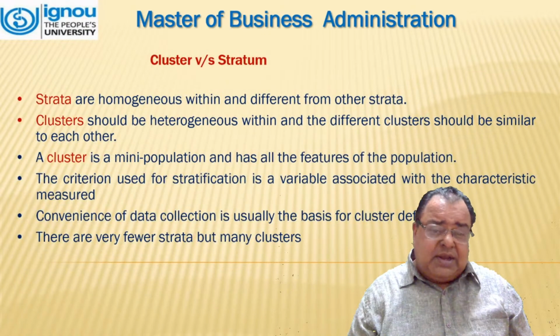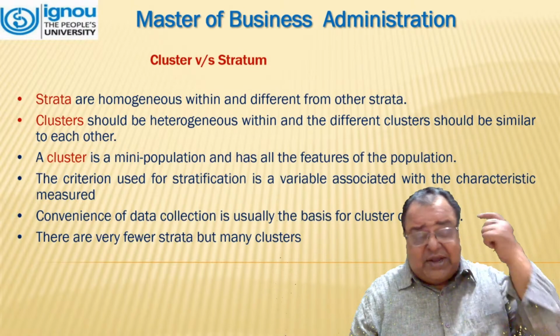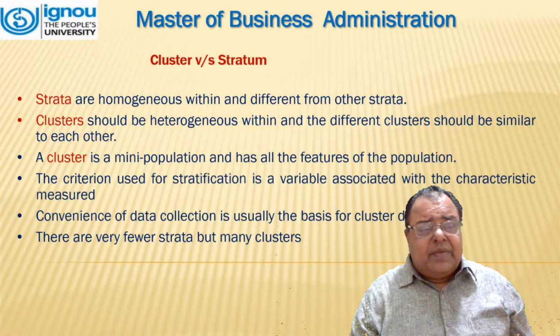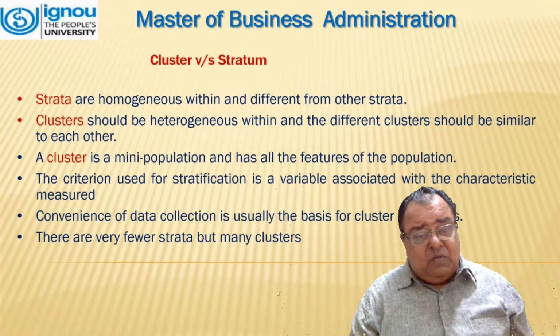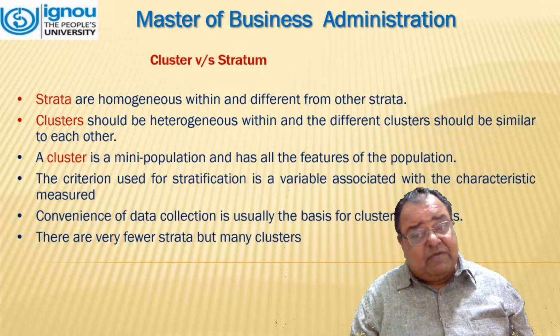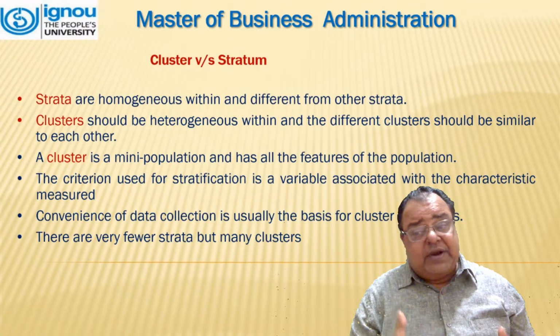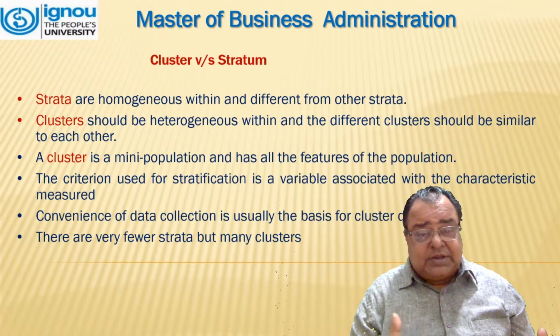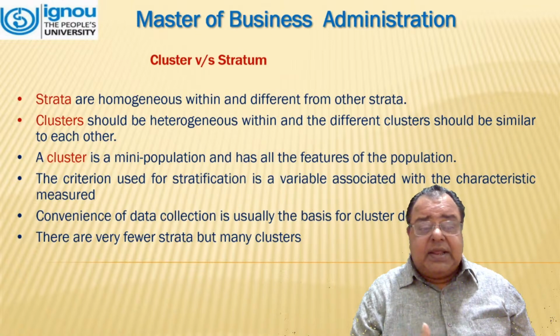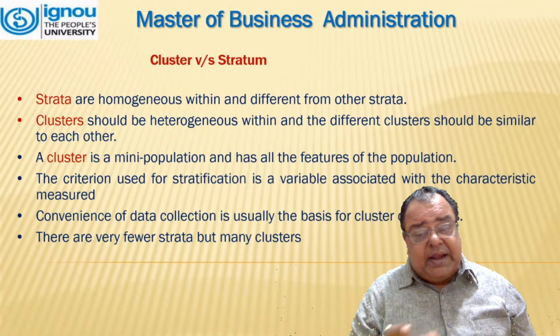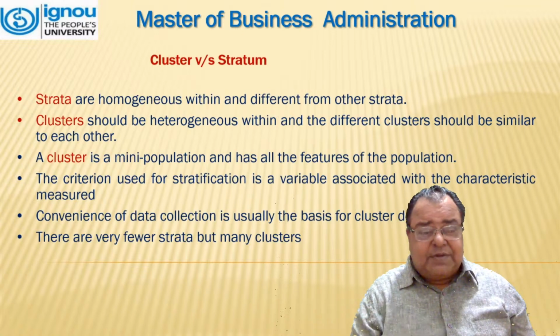What is the difference between clusters and strata? The strata are homogeneous within and different from other strata. Clusters should be heterogeneous within, and the different clusters should be similar to each other. A cluster is a mini population and has all the features of the population.